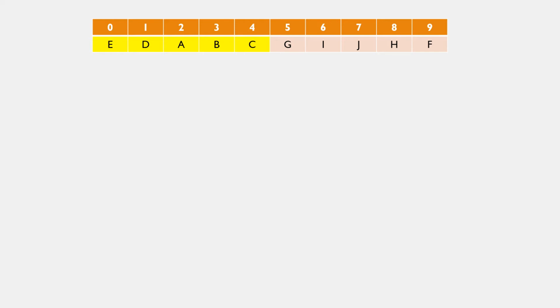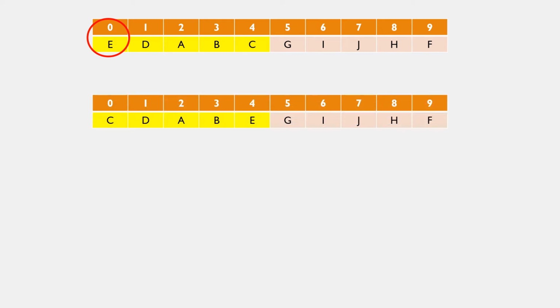Values that are bigger or smaller than the pivot value E. So all that remains to do is to move E into that middle position between the two partitions. A very easy way to do that is to swap it with the end value of the partition. So there it is, it's arrived in its final position.